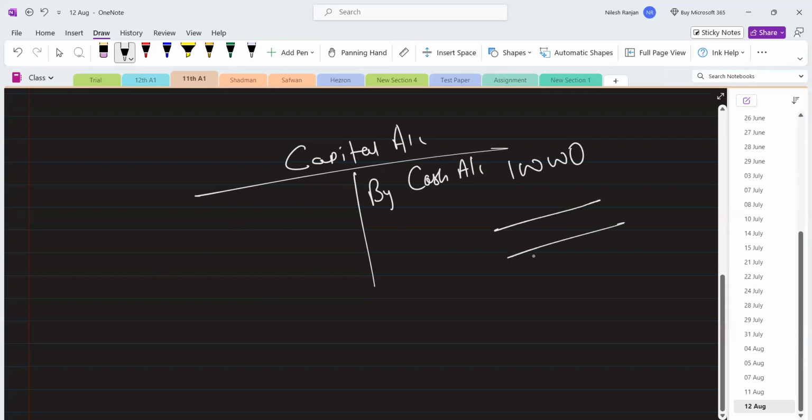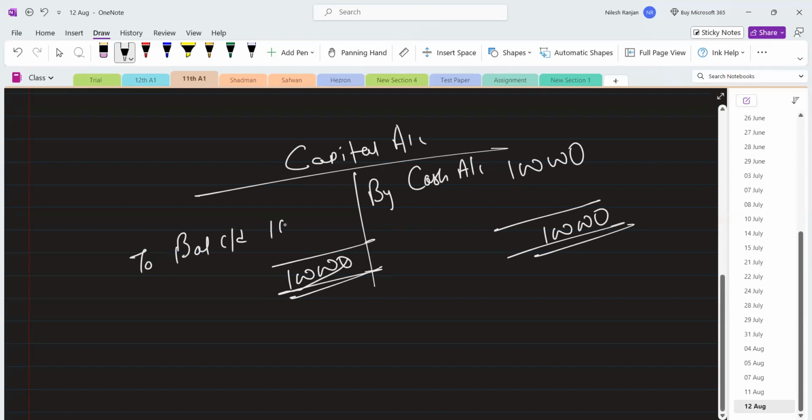If I total this, 1 lakh, then here it will be to balance CD 1 lakh, because on the debit side the amount is 0 and on the credit side it is 1 lakh. The higher amount is obviously 1 lakh, so 1 lakh on both sides in total, and 1 lakh minus 0 is 1 lakh. So here it will again be written by balance BD 1 lakh.